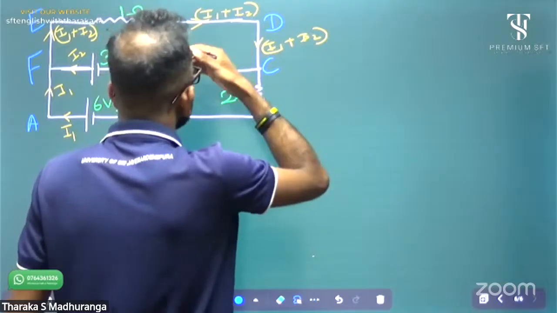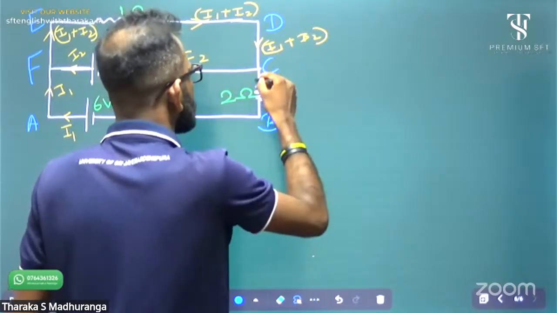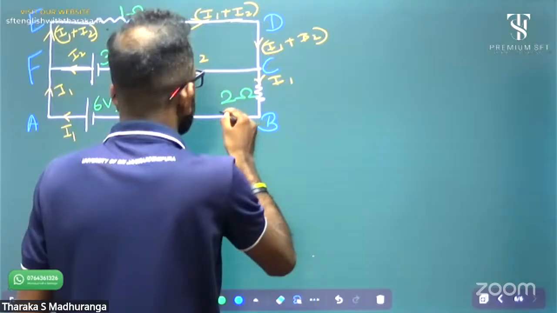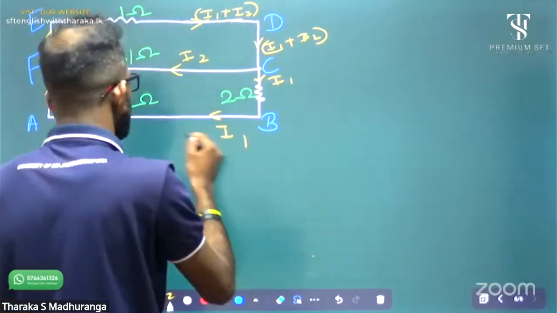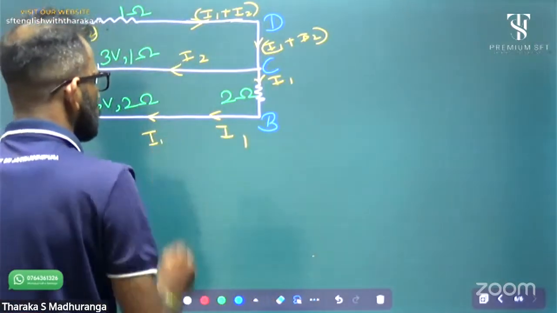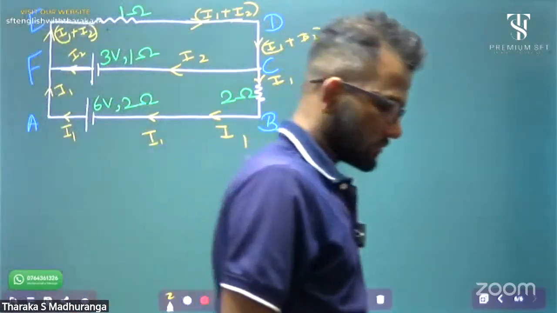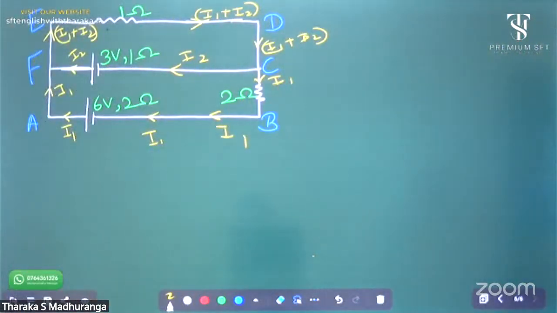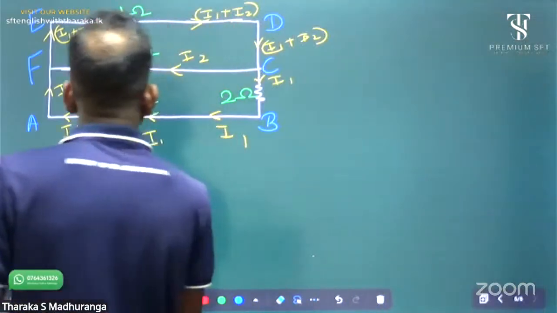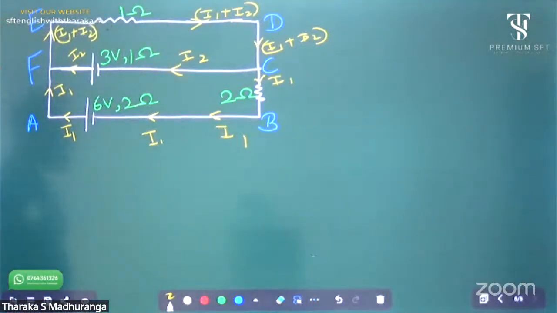It is I2 flowing through this path. Again I1 is flowing from this one. I1, I1. Okay, those are the current directions.